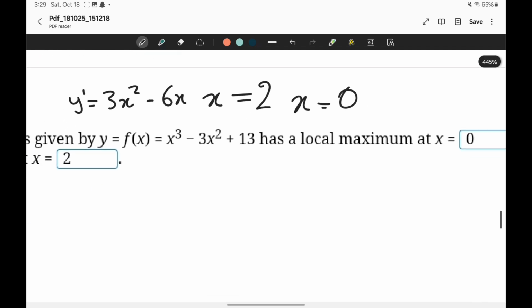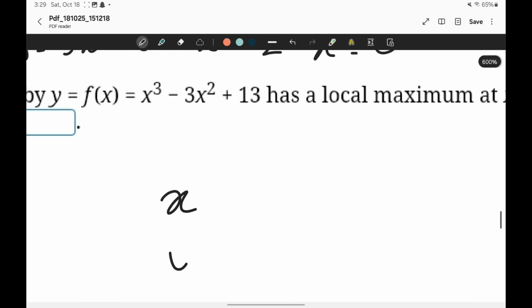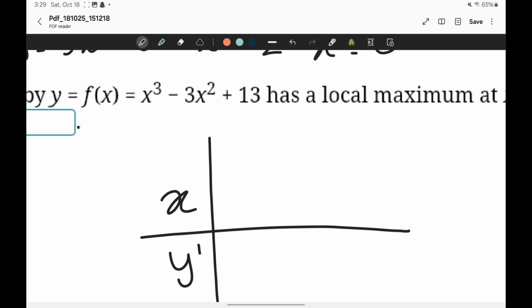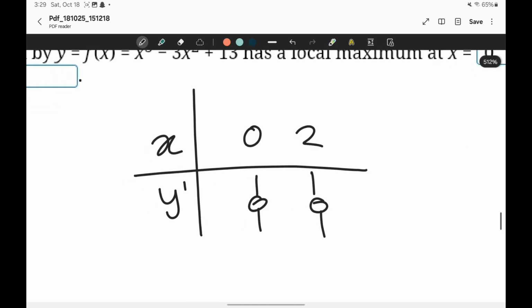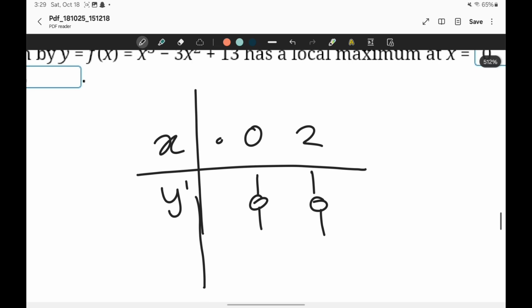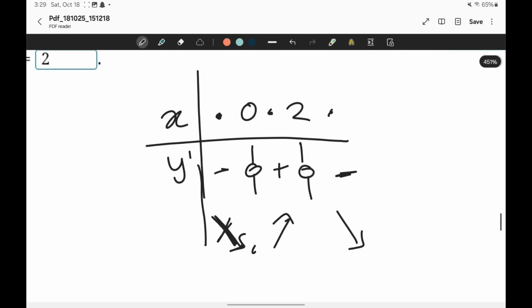X is 2, x is 0, you take this, you put in your table, put 0, 2, and we start testing for points. If you test a point here, you get a negative number, here you get a positive number, here you get a negative number. So it's going down, then up, then down. Okay, so that means this point is a minimum at x is 0, and this point here is a maximum.